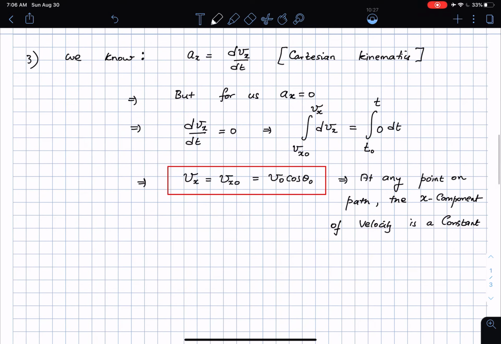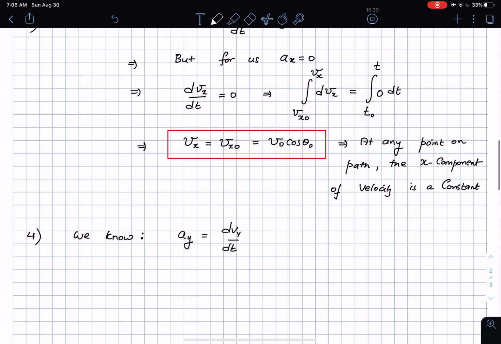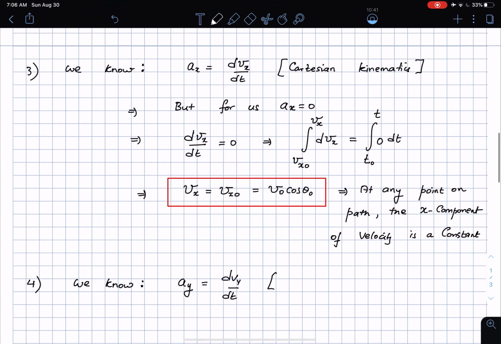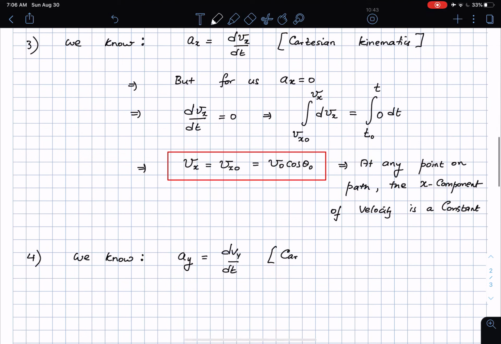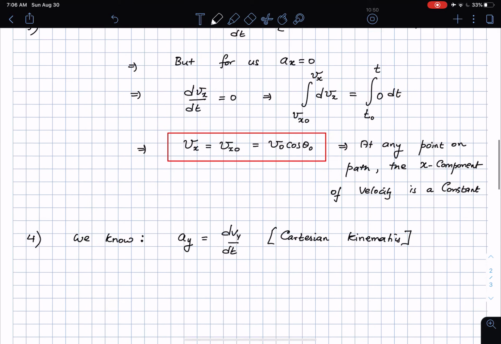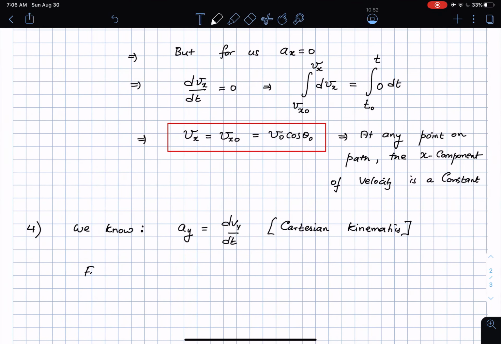Then what about the y component? So we know ay is dvy by dt. This is also from Cartesian kinematics. For us, ay is equal to minus g, right?